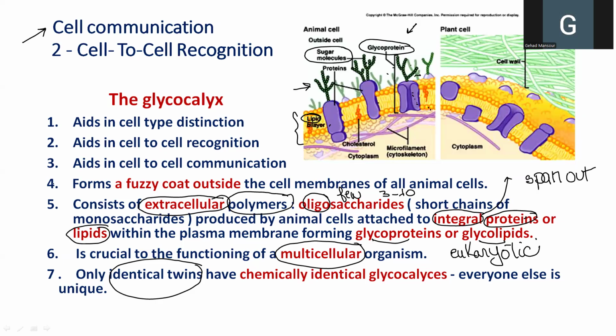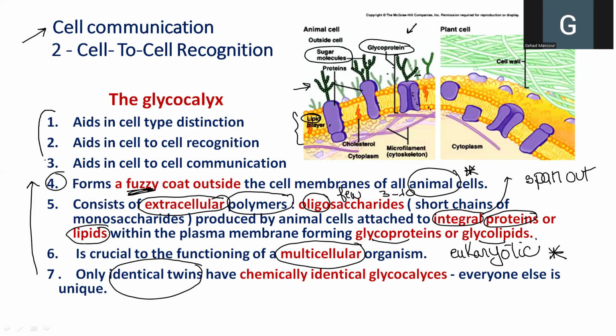And they are very characteristic because they form like a fuzzy coat outside the cell membrane of all animal cells. So we have seen that they are essentially present in eukaryotic multicellular animal cells. In plant cells, we have the cell wall, but we do not have this specific structure of glycocalyx.